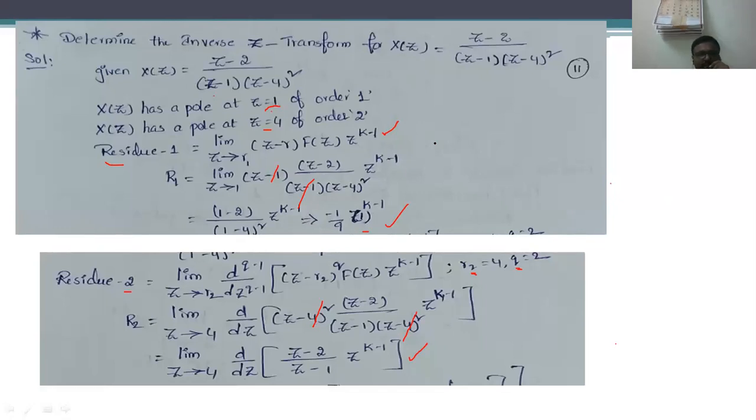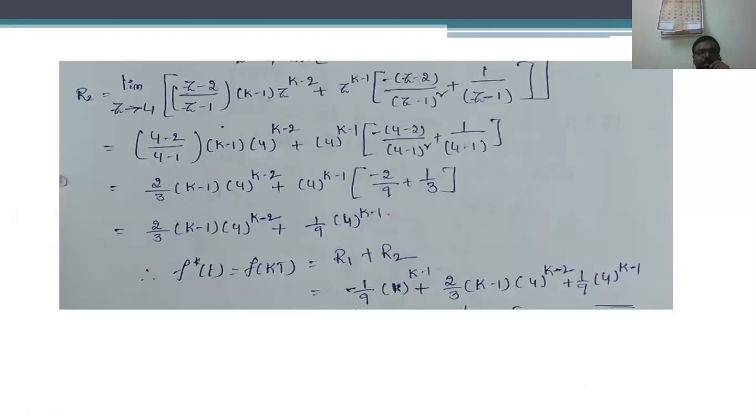So applying the differentiation for this particular function, we get z minus 2 divided by z minus 1 placed as a similar one, and we apply the differentiation for the function z power k minus 1. For that, we get k minus 1 into z power k minus 2, plus z power k minus 1 placed similarly.